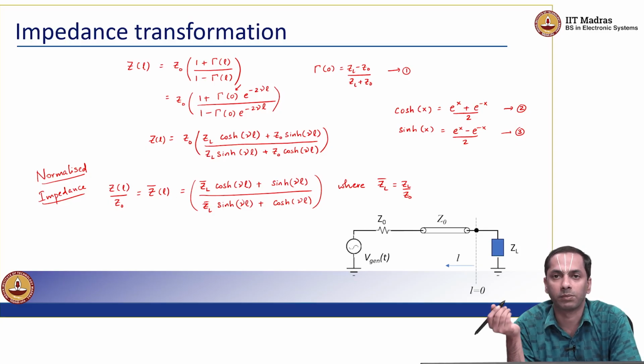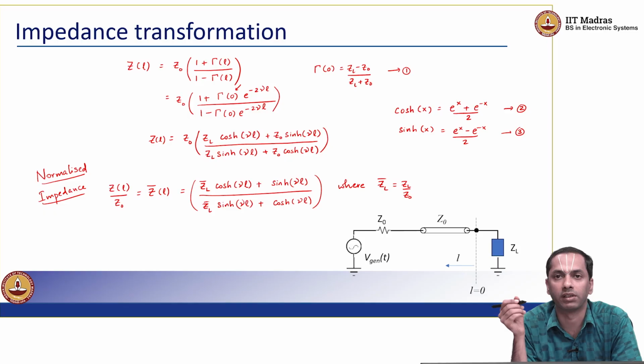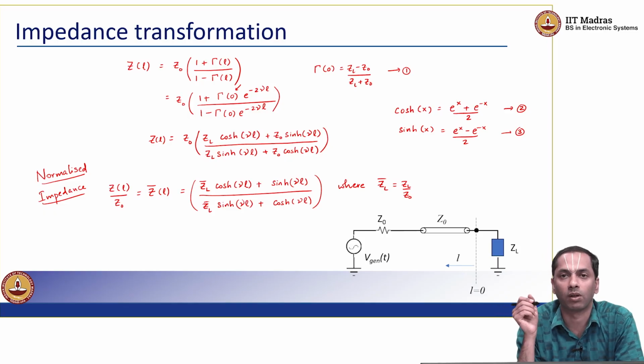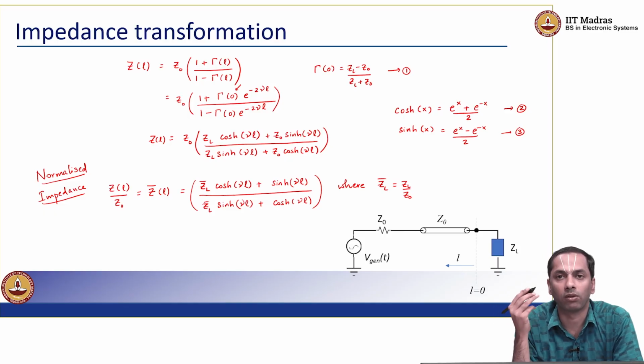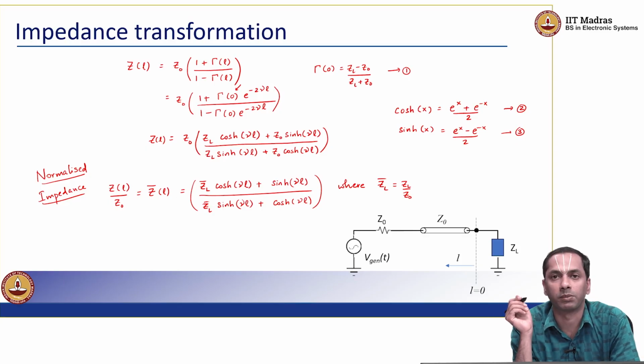It's oftentimes beneficial to not look at complex loads in and of itself, but rather in relation to characteristic impedance. Remember that in the time domain analysis, when we had a few lectures on getting the intuition for transient behaviors, I suggested that we look at impedances that were either larger or smaller than the characteristic impedance.